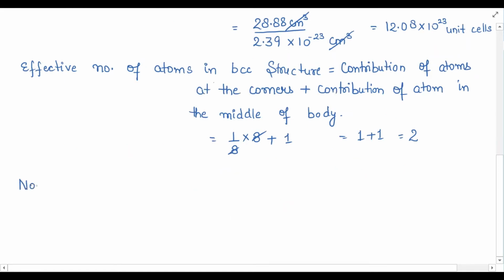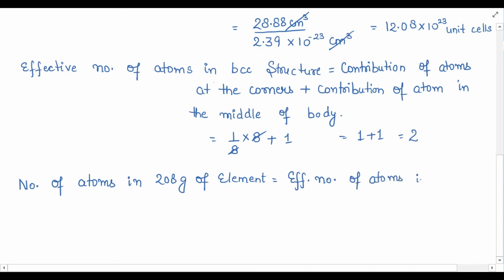You can write the number of atoms in 208 gram of element equal to the effective number of atoms in BCC structure into the number of unit cells in 28.88 centimeter cube volume.